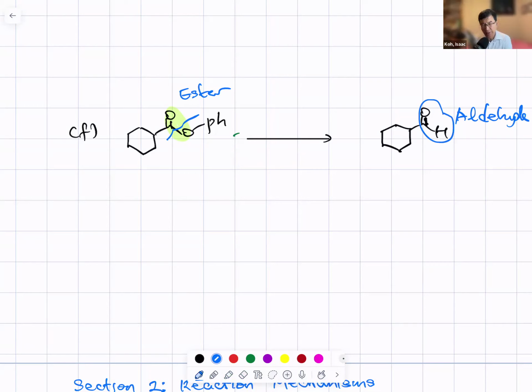How can you do that? Let's think about it. We can do ester into an aldehyde. We need to have a reducing agent. This is a partial reduction.